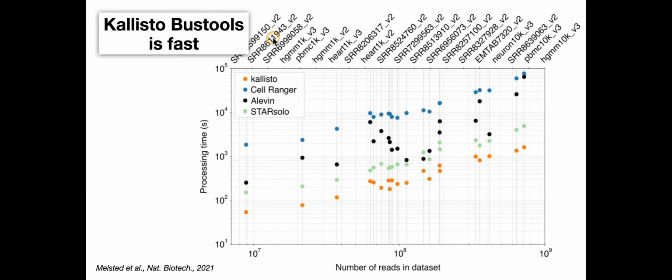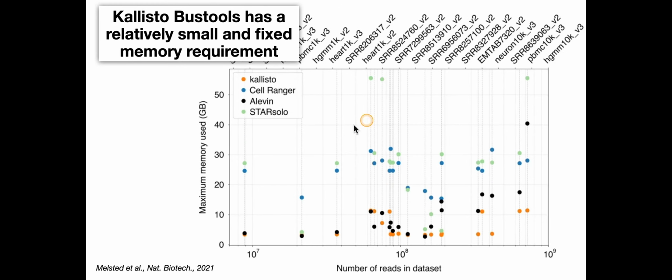One thing I'll highlight about Callisto bus tools is, as you might expect, because it's working with Callisto and because it uses this relatively simple and platform independent way of representing the data as a bus file, it's really fast. If we look at processing time in seconds, Callisto is the orange dots here, and we see that it is approximately 50 times faster than Cell Ranger, which is represented in blue. And it maintains a constant memory need.